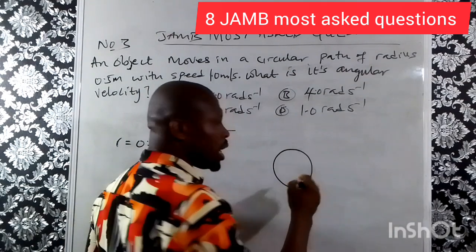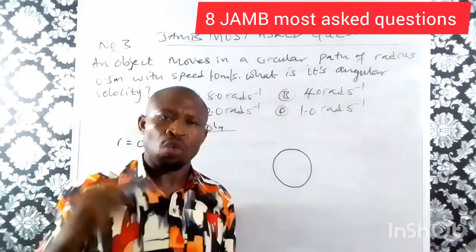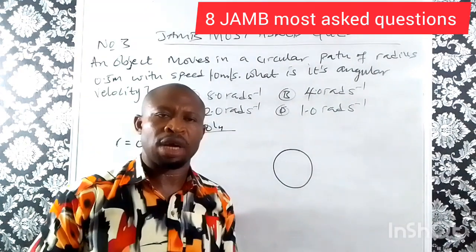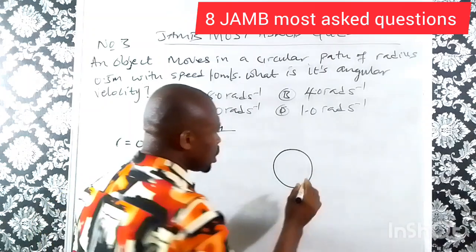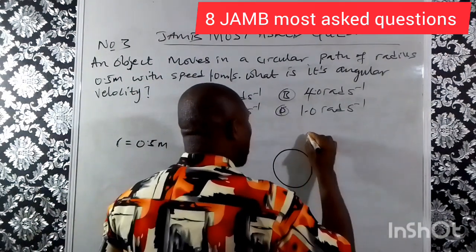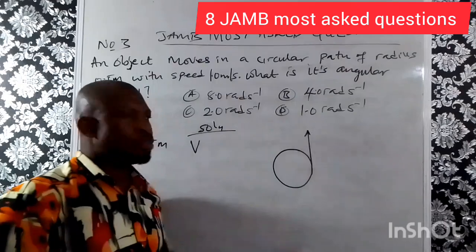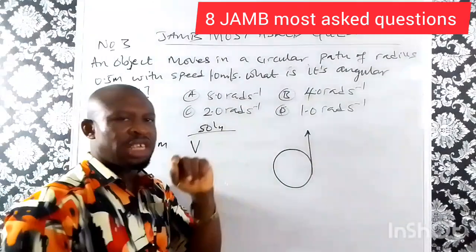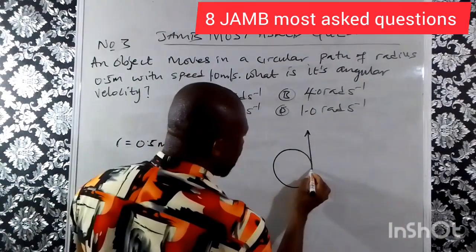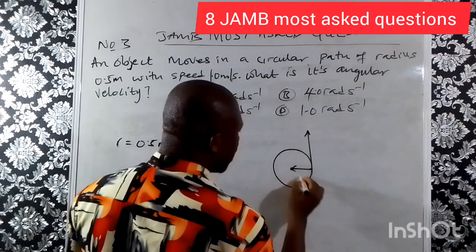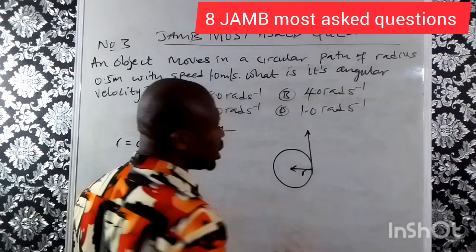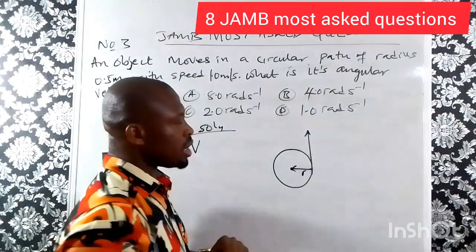Assuming a stone is tied to one end of a string and it is whirled round in a circular path. Now, if the stone is cut, the object will move in this direction. Remember, this is the center, and here is the radius from the center.